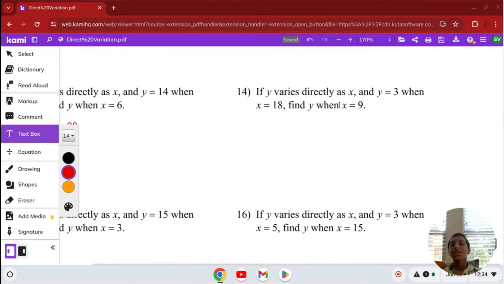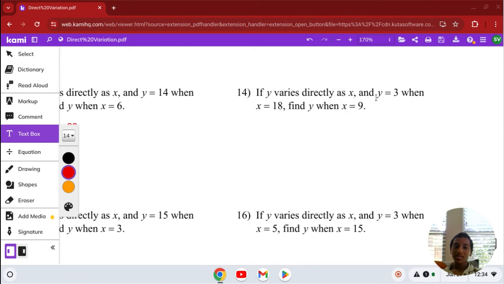Number 14, we are asked to find y when x equals 9. So when y equals 3, x equals 18. Find y when x equals 9. Here, we divide by 2 or multiply by 1/2. To get from 18 to 9, we multiply by 0.5 or 1/2.